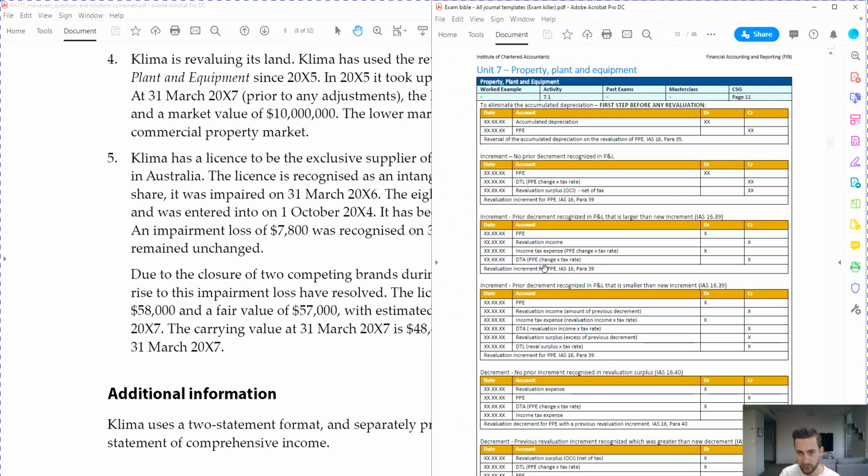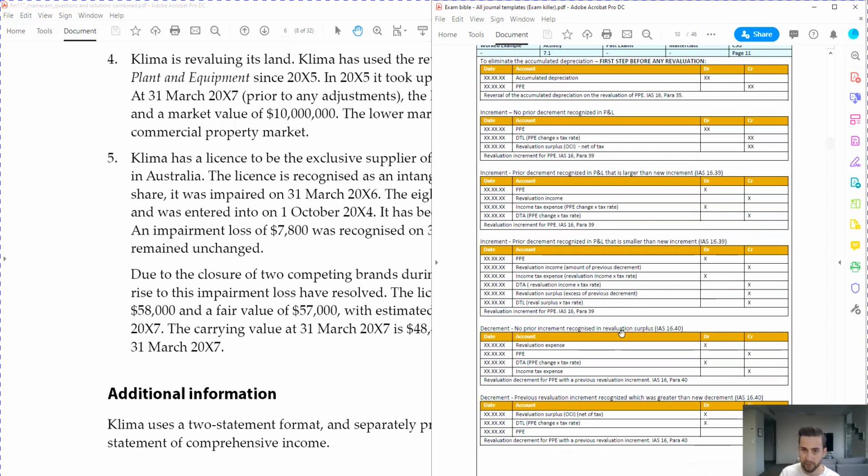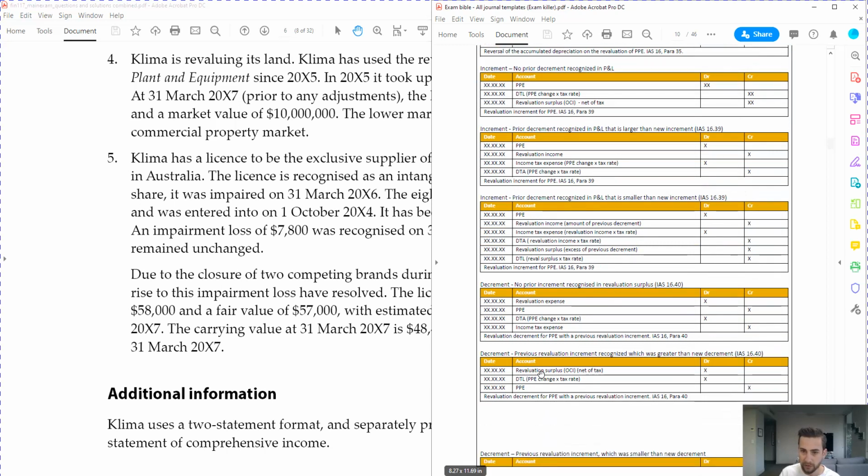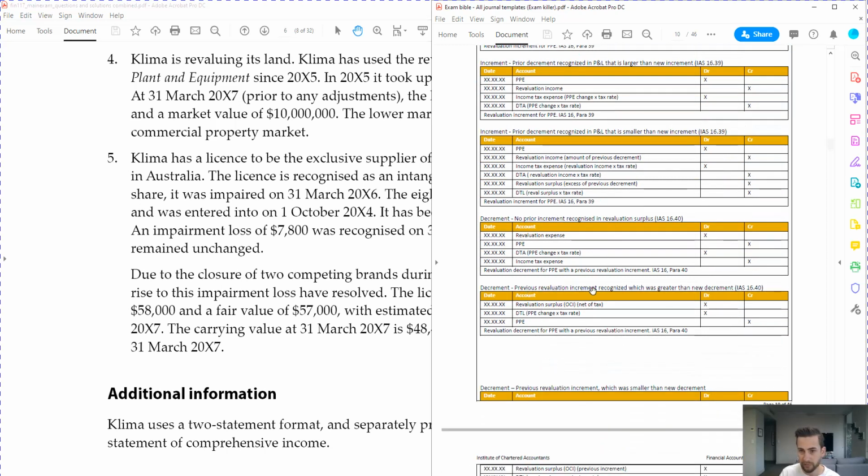So the situation we're looking for is that there is a previous increment. Here we go: previous increment recognized, which was greater than the new decrement. So that's the situation we're seeing. The previous increment, 2.5 million, is greater than the current decrement of $1 million. So the journal that we're going to post is a debit to revaluation surplus and a credit to PP&E.